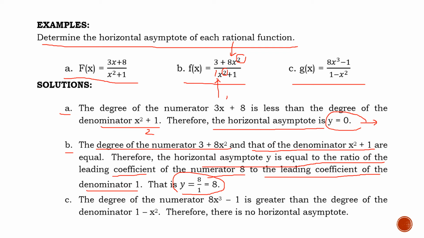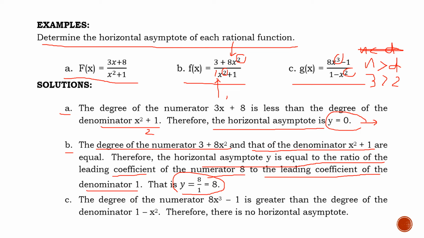For letter C, the degree in your numerator is 3 and the degree in your denominator is 2. Meaning to say, your n, the degree of your numerator, is greater than d, the degree of your denominator, since 3 is greater than 2.